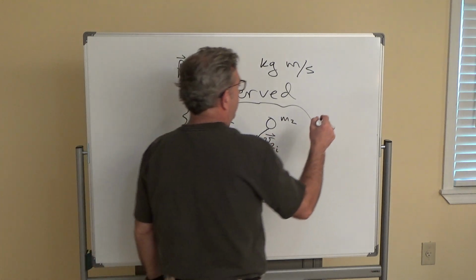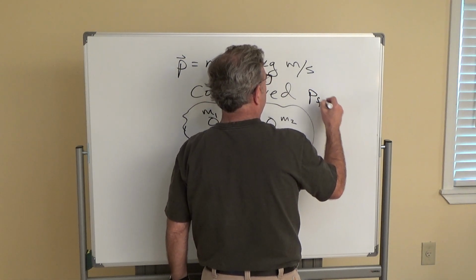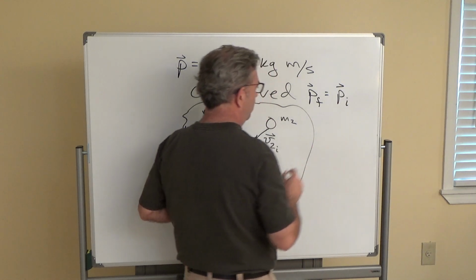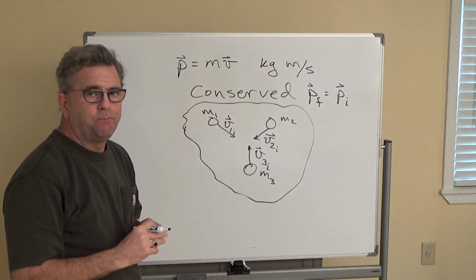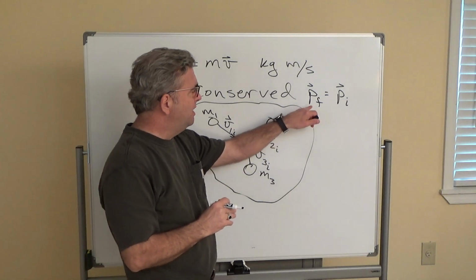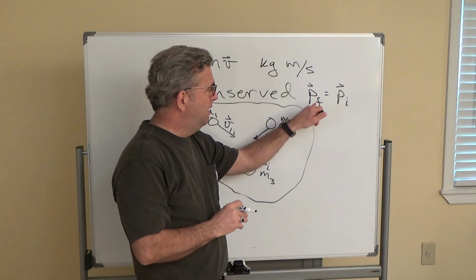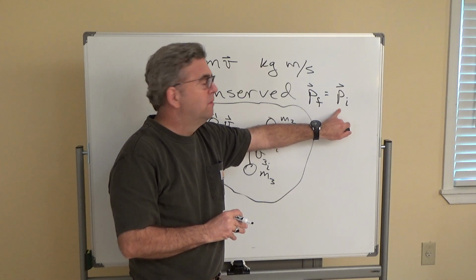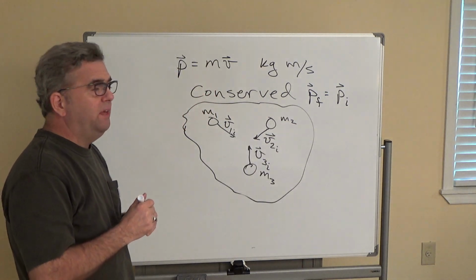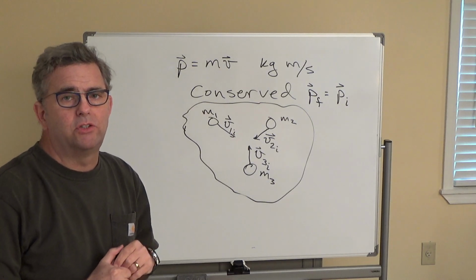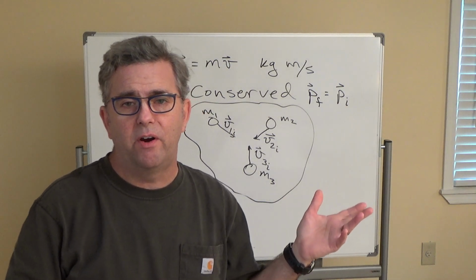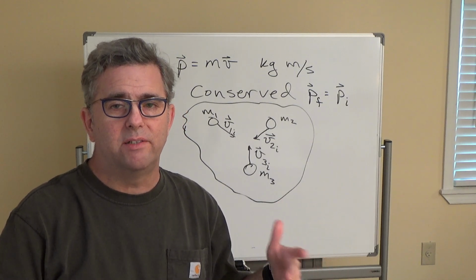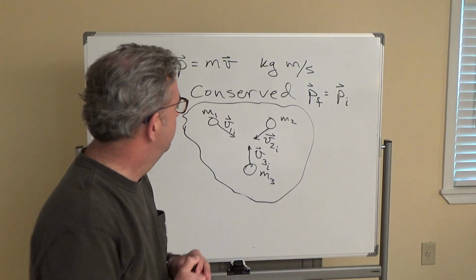So we say that P final is equal to P initial for our system. This is a summation. I'm talking about the sum of the momenta for all the objects. These conserved quantities, as you already know in physics, are very important to us because they give us a way to solve lots of complicated problems.